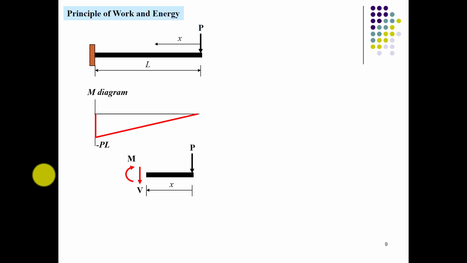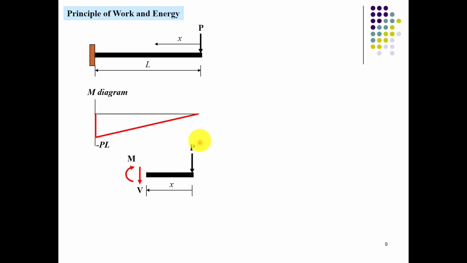So we have a convention like shear is going downward and moment is acting this way. Basically these are the assumed directions. If the actual values come out negative, then we can correct it afterwards.